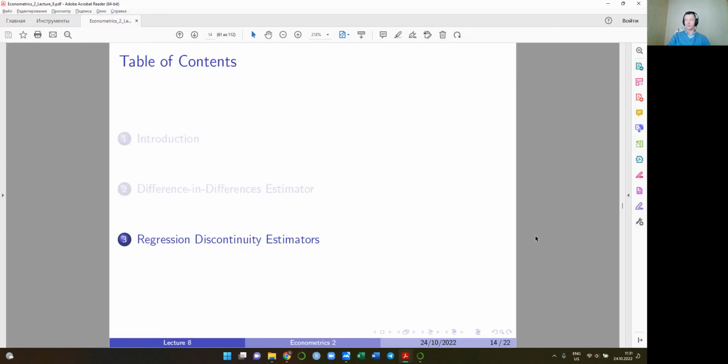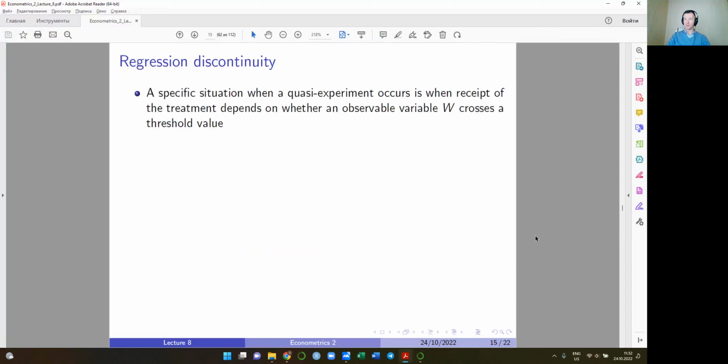If you are lucky to find the appropriate setting for using this regression discontinuity design, well, you might become a very famous econometrician. Regression discontinuity is not possible to apply everywhere. Difference in differences is more applicable in the usual studies. Regression discontinuity is very specific, but it's very interesting.